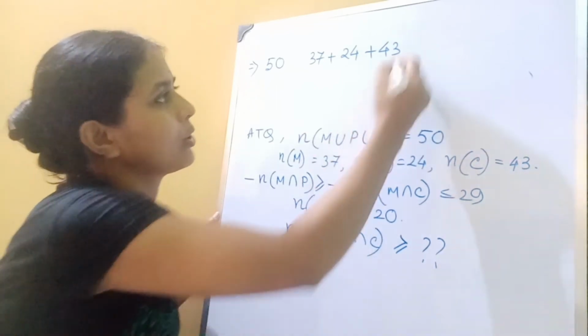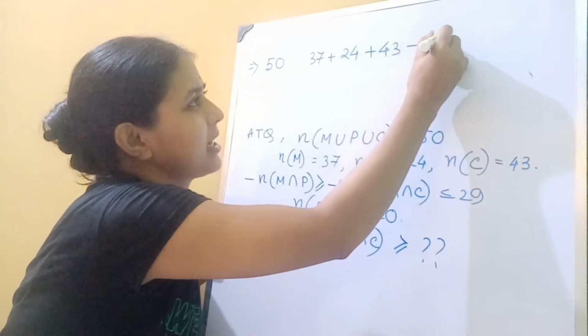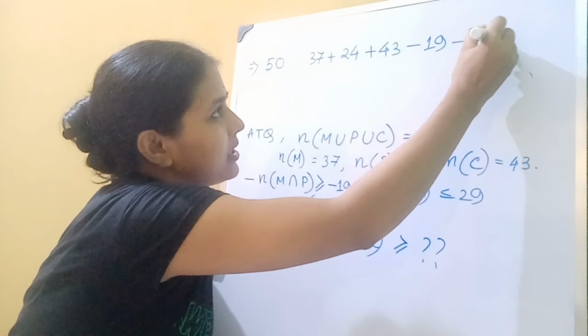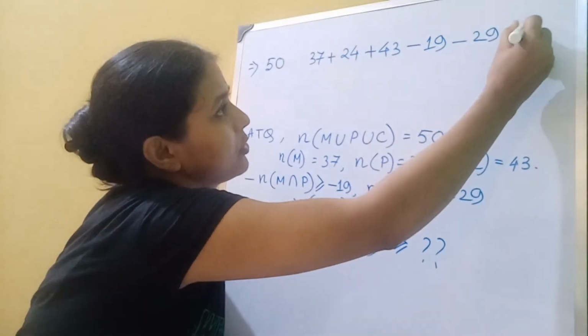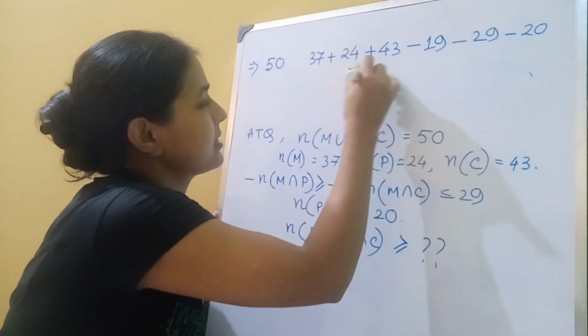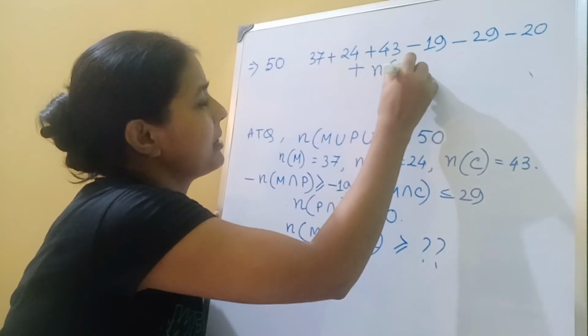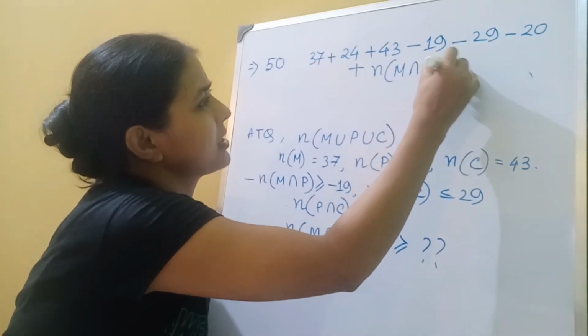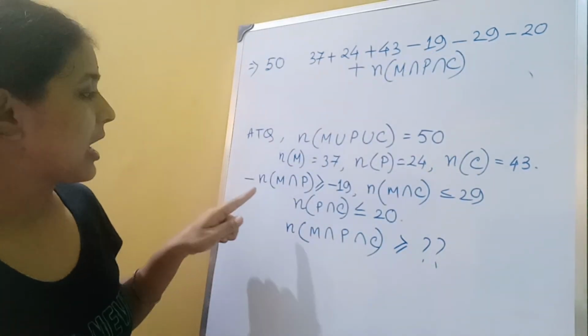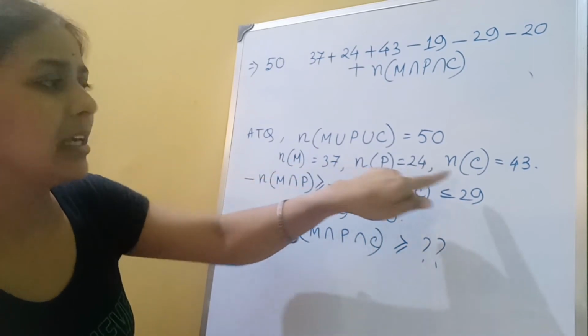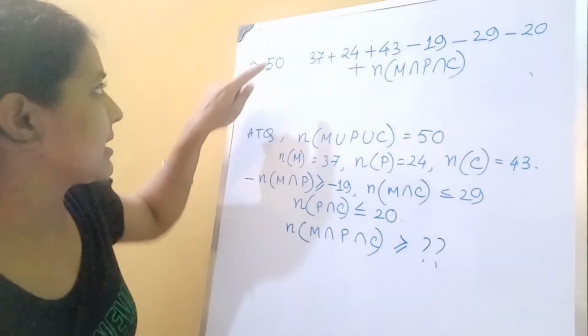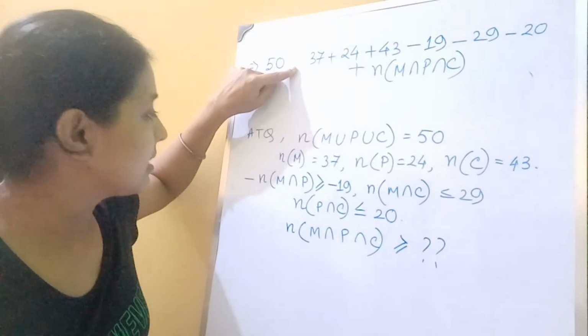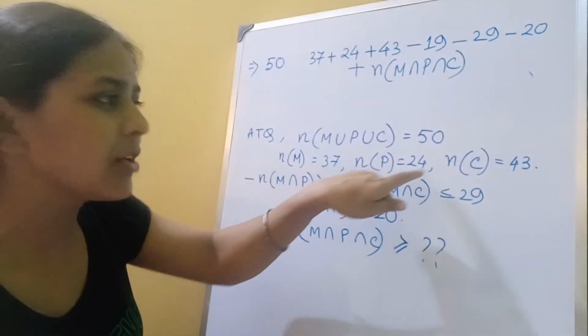Similarly for these two also, so we can write minus 19, minus 29, minus 20, plus n of M intersection P intersection C. Now these are equal, so the sign here doesn't depend on these equal signs.